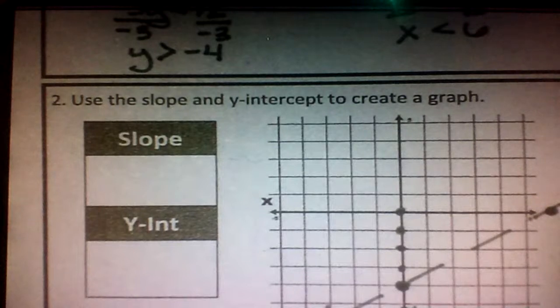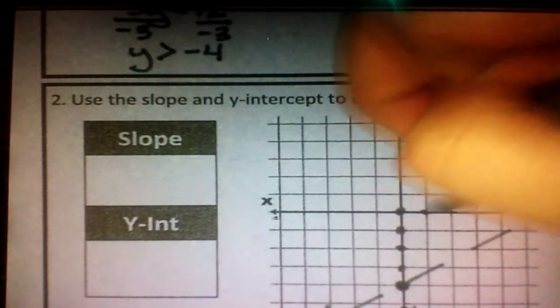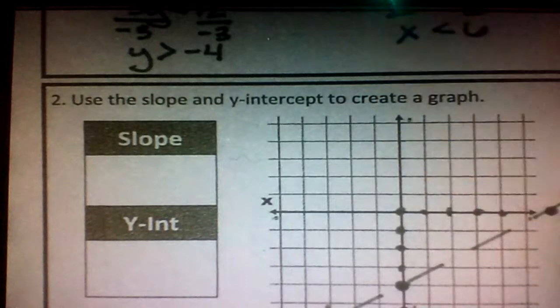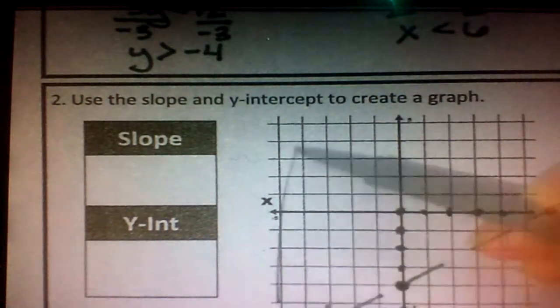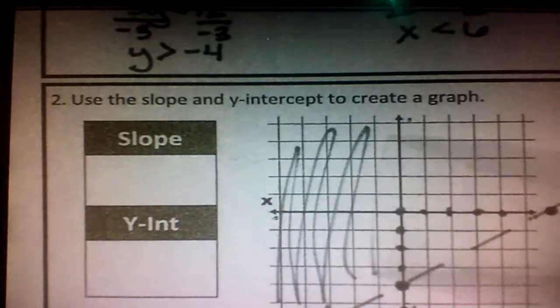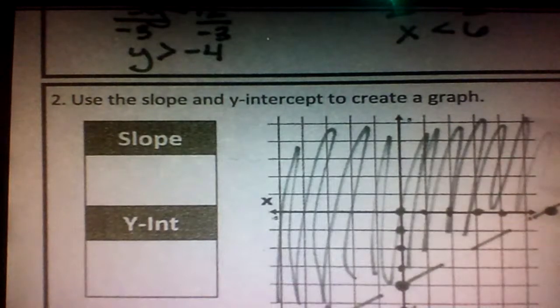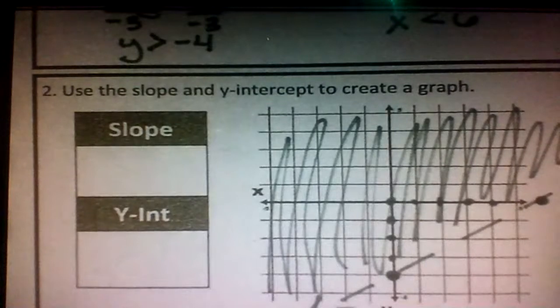What values are less than 6 on my x? 4, 5, 2, all of these. So I shade in the area where those answers fall. Those are all solutions to my inequality.